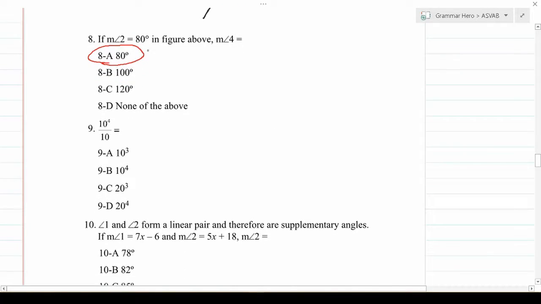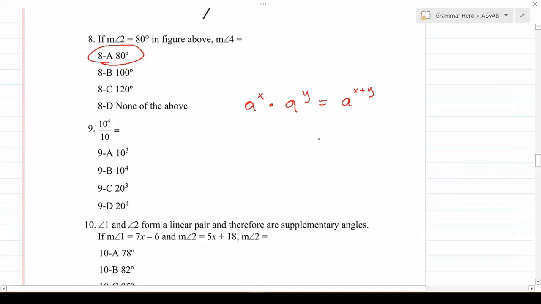Alright, number 9, 10 to the 4th over 10. Instead of doing the big math on this problem, I'm just going to use my knowledge of exponents to make this problem a little bit easier. Let me say this. If you had a raised to the x power times a raised to the y power, the result would be a to the x plus y power.